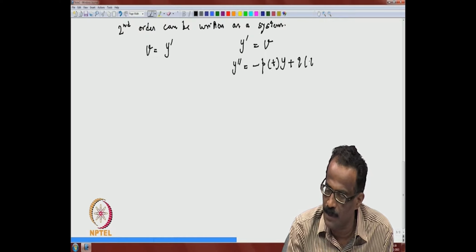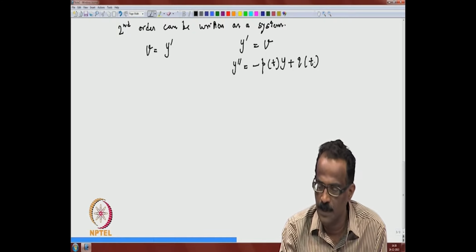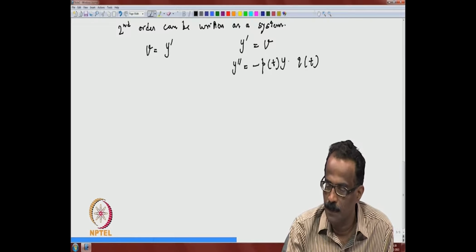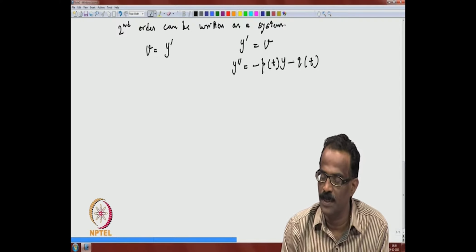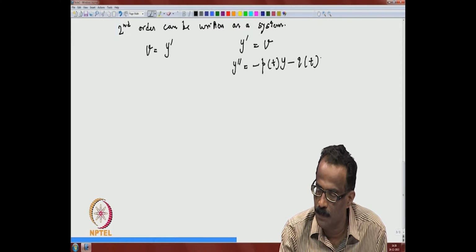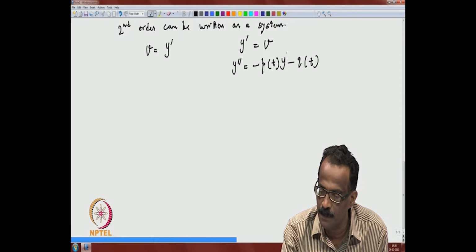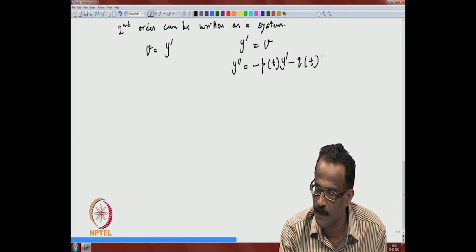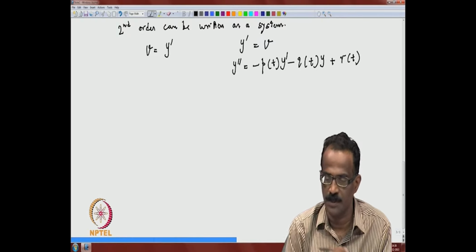minus q t y, plus r t if you want the non homogeneous system. We are considering the homogeneous system here.